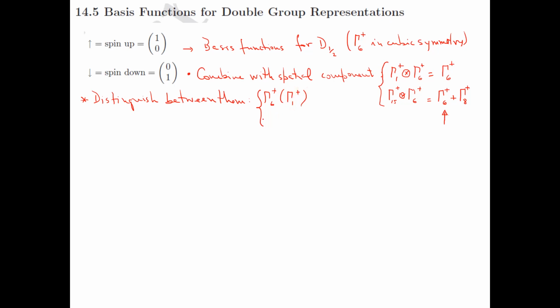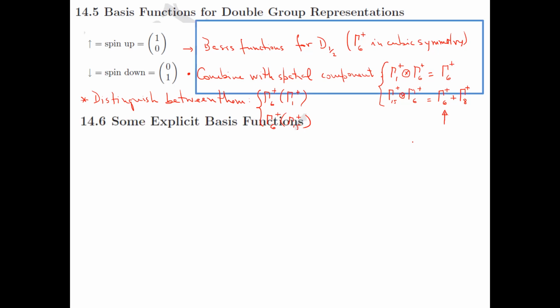That's the meaning of that representation. Or I may have a gamma 6 plus arising from a gamma 15 plus, right? So this is the first distinction that it's important to consider.